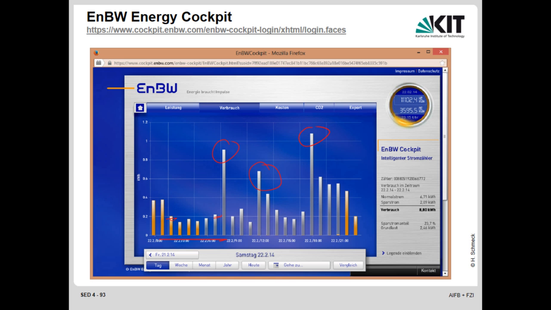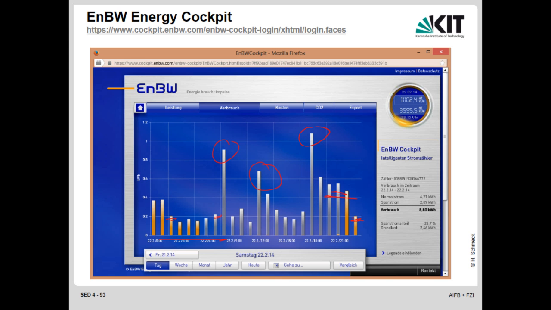And in the evening, again, the stove has been used, and some more activities, maybe light was on. And on that day, they went to bed a little bit earlier. So you can see many things about what people have been doing on that day.